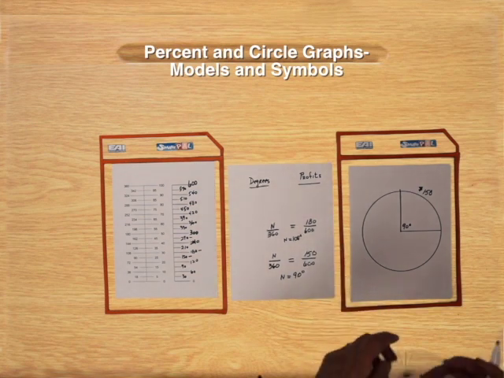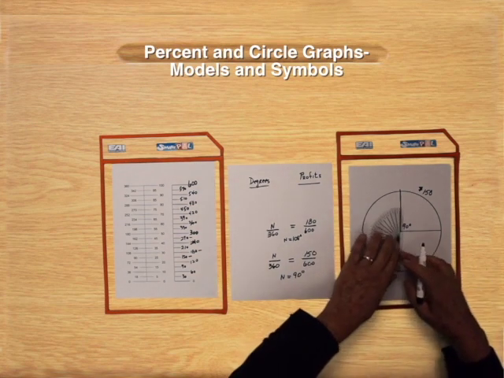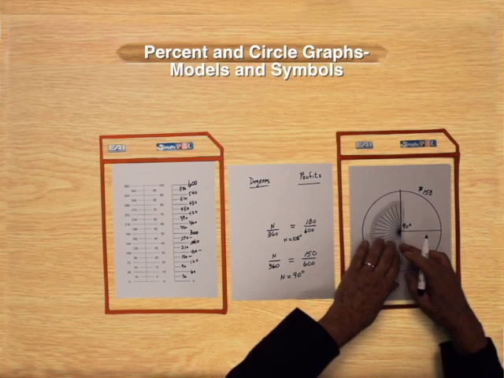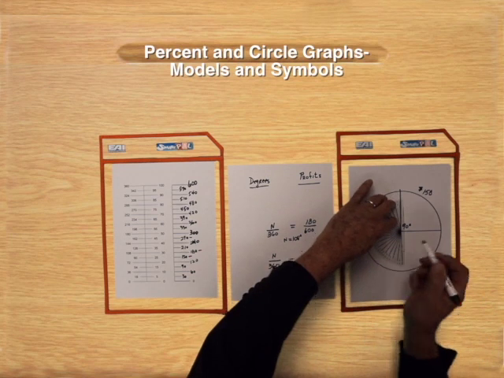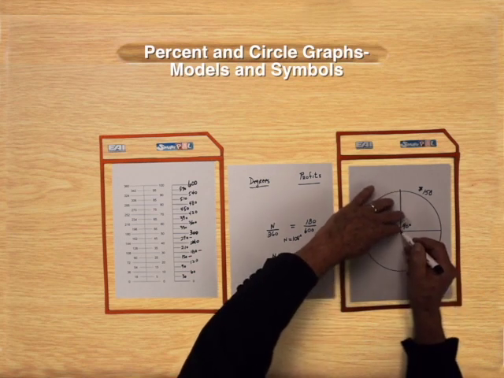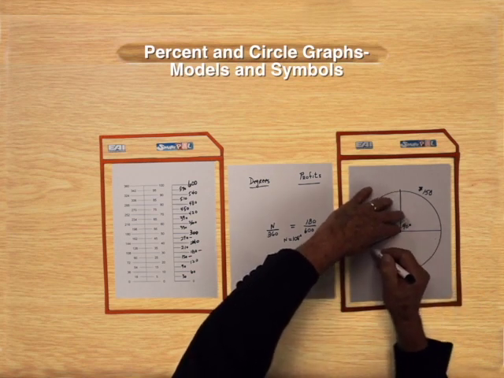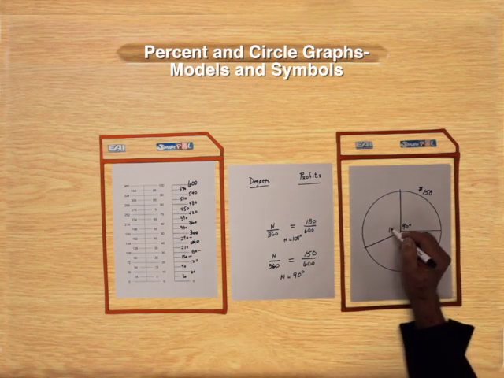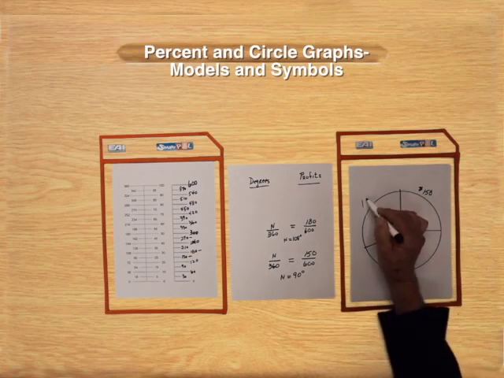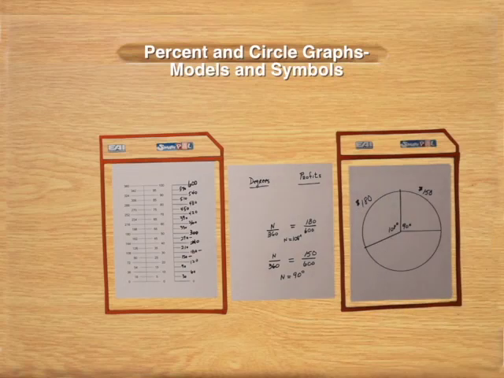And so we draw our angle of 108 degrees, continuing from our 90 degree angle. So 108 would intersect the circle about there, and we draw our line, our radius, and this is going to be 108 degrees, and it is going to represent $180 in profits.